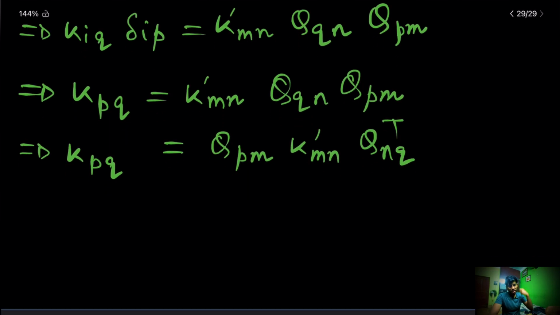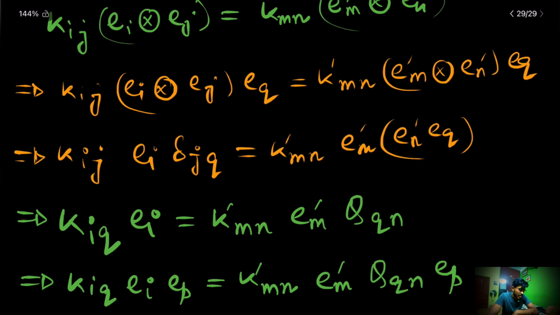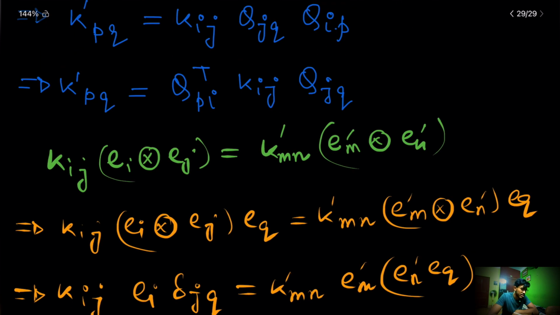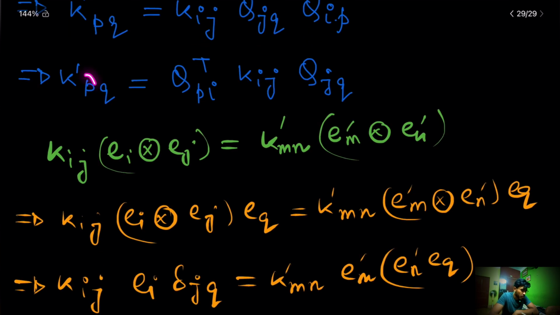Now just for the sake of understanding, here we had the relation between this Kpq and Kij, and PQ was the index for the dashed coordinate system.